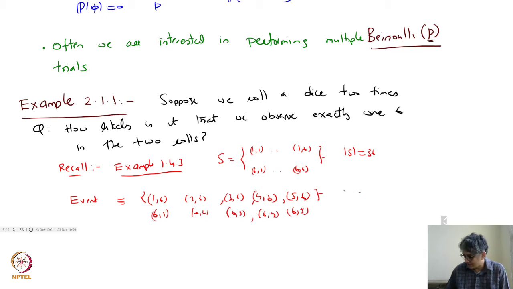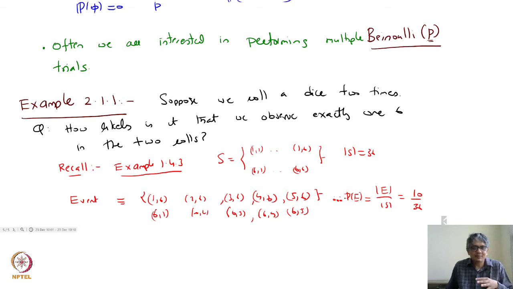The probability is mod E by mod S, and the answer would be here, it's just 10 outcomes, right? 1 2 3 4 5, 1 2 3 4 5, 10 by 36. So that's what I did before, right? That's what I did before.